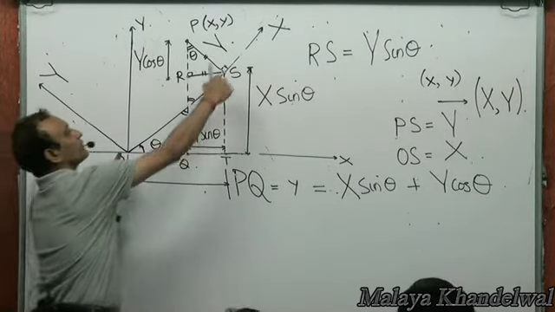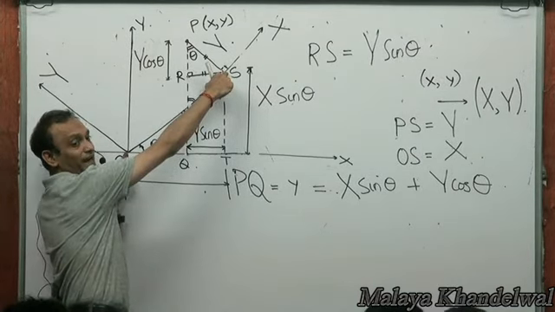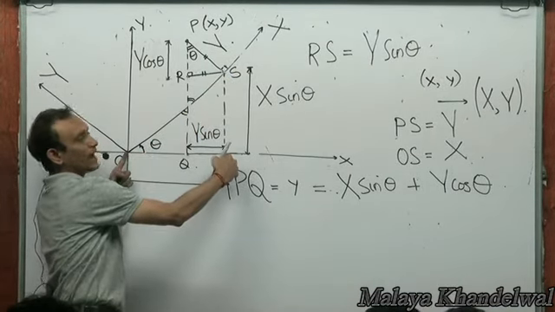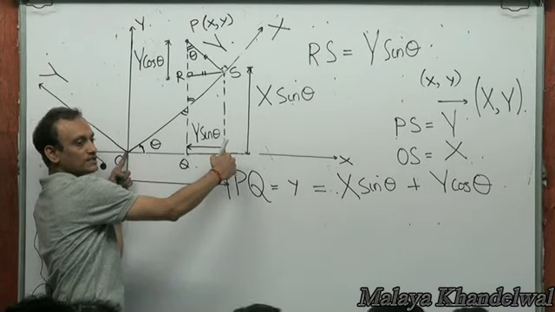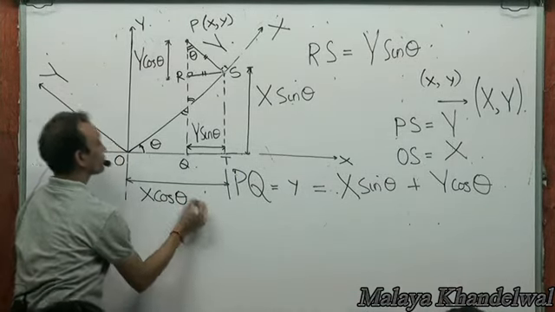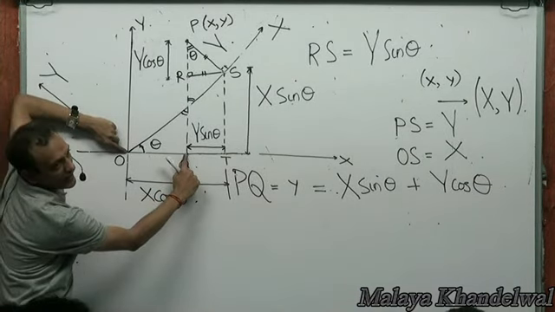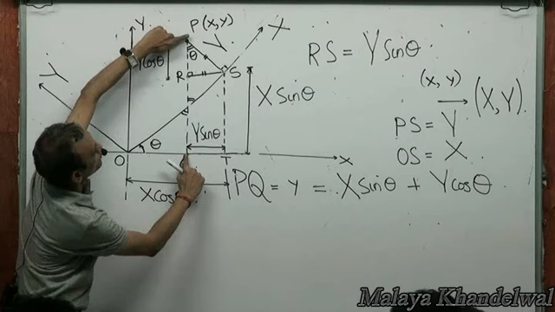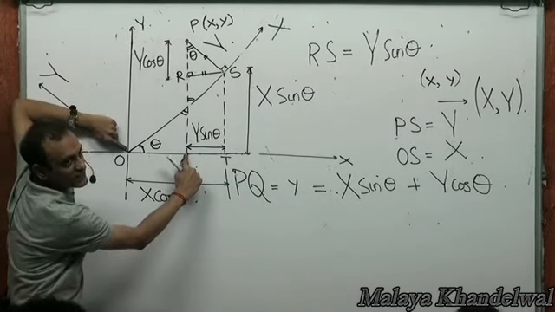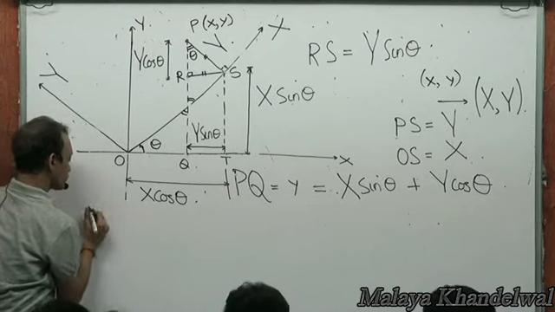what is this length? This length OS is capital X, so this length is going to be capital X cos theta. Now, do you realize OQ would be small x, yes or no?